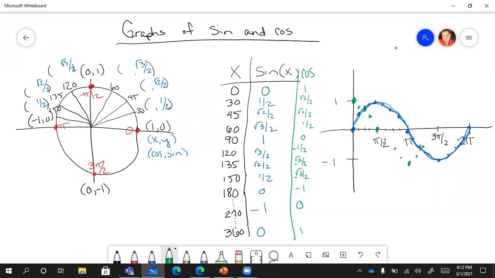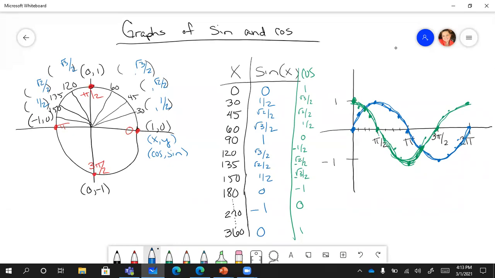Start coming back up again here. 3 pi over 2, we're at 0 again. And land back at 1. I know it looks a little weird. I'm trying to make it look better. It looks like a V sometimes, but it's not. There's your cosine wave.